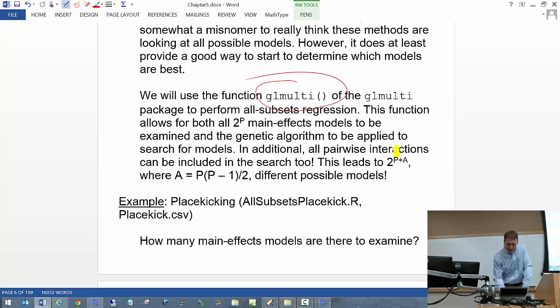So in terms of all possible models, it will look at 2 to the p plus a, where a is essentially p choose 2, possible models. This is now main effects and pairwise interactions. You can see how this number just gets really, really big fast.